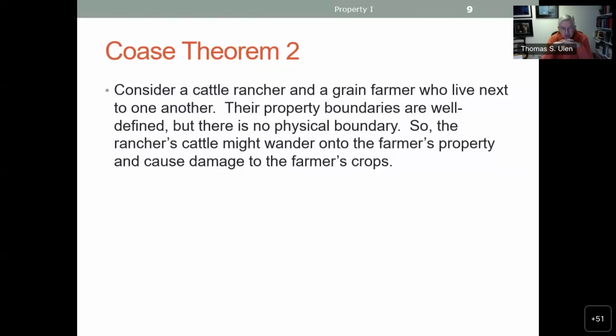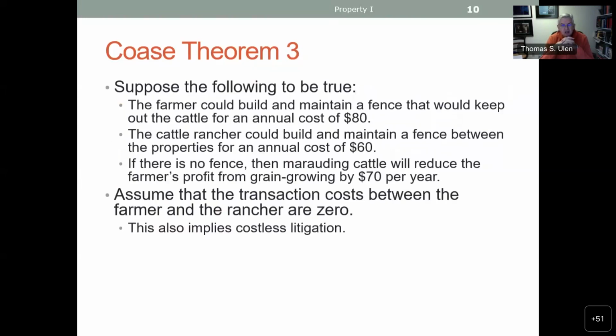Let us assume, on the next slide, that the following things are true. The farmer could build and maintain a fence that would keep out the cattle for an annual cost of $80. The cattle rancher is a little bit more efficient at putting up a fence. He could build and maintain a fence between the properties for an annual cost of $60.